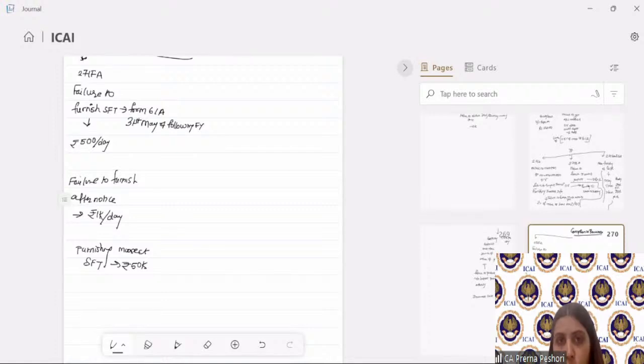For them also there is a penalty if they do not furnish the information. They are required to furnish certain information under section 9A, and if they do not furnish it, then they have a penalty of rupees 5 lakh.